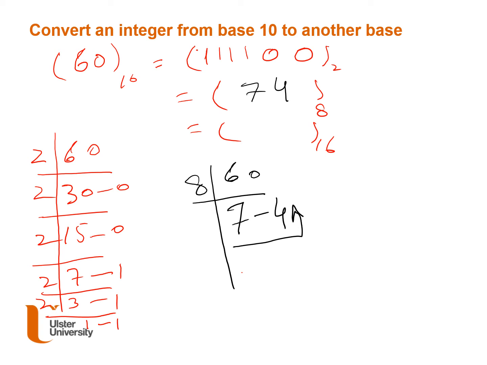And when we have to convert 60 from base 10 to base 16, we need to divide 60 by 16. 16 3s are 48, and the remainder would be 12.